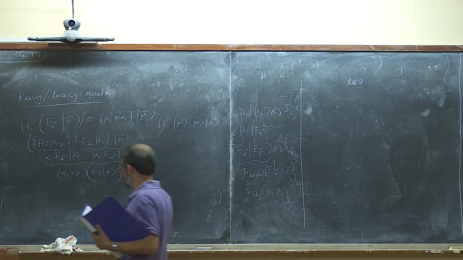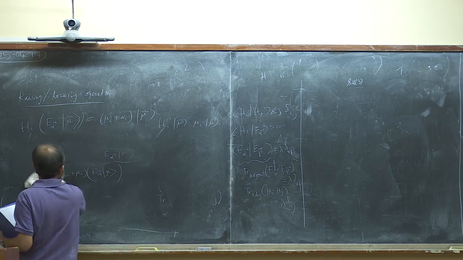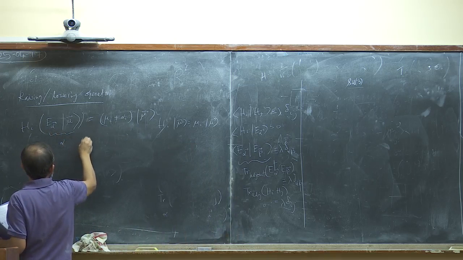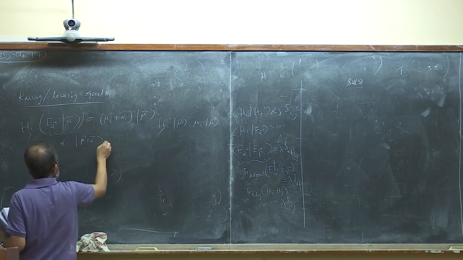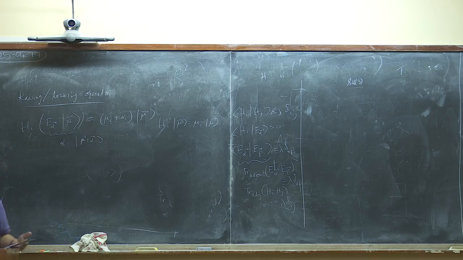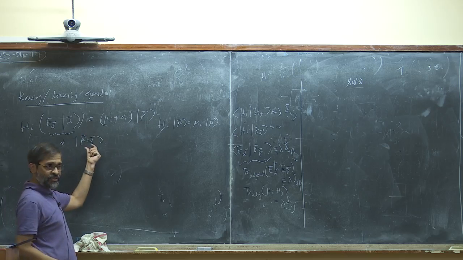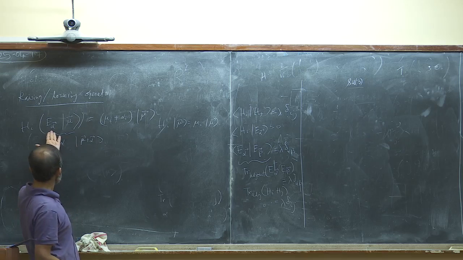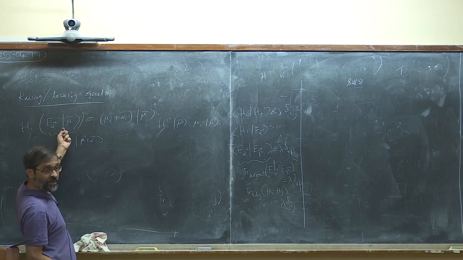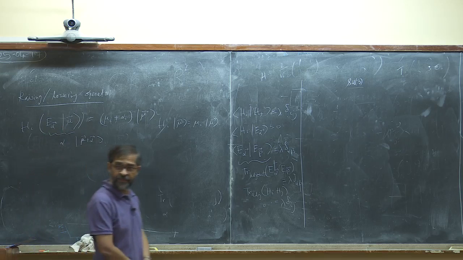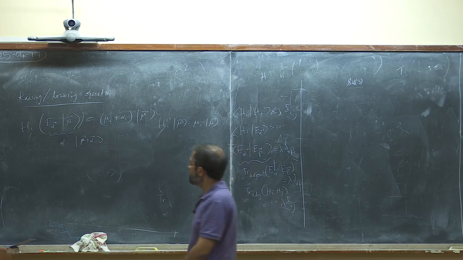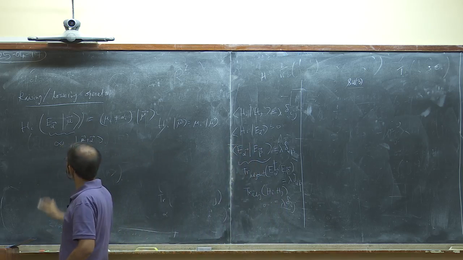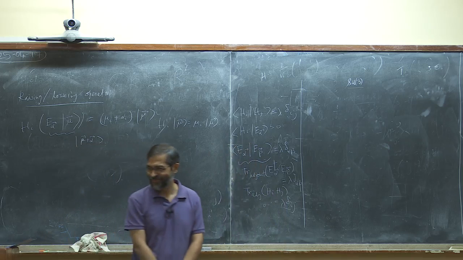So therefore this fellow here is clearly proportional to mu plus alpha. So it shows two things. First of all, there has to be a weight of mu plus alpha, because by construction I have constructed it here. If mu is a weight, then mu plus alpha is another weight, and it is proportional to this thing.